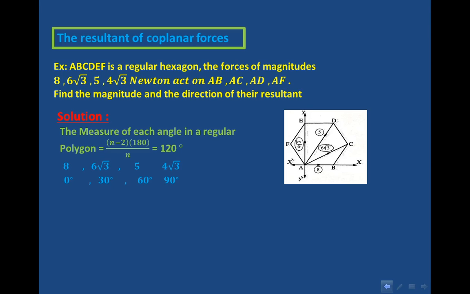The last force 4 root 3 and the angle between its direction, which is AE, and the positive x direction AX equals 90 degrees. Take care, the angle 120, which is the measure of angle A, is divided into 4 equal angles. Each of them equals 30 degrees.